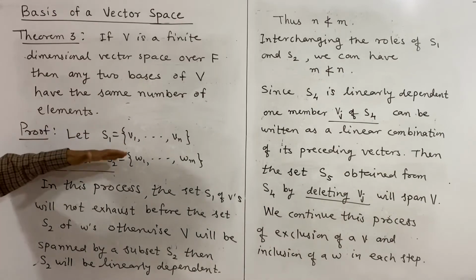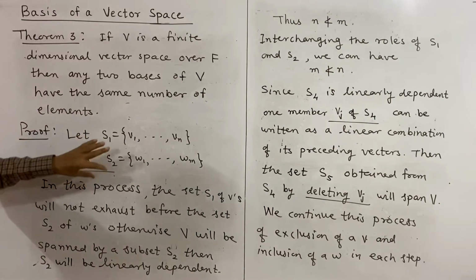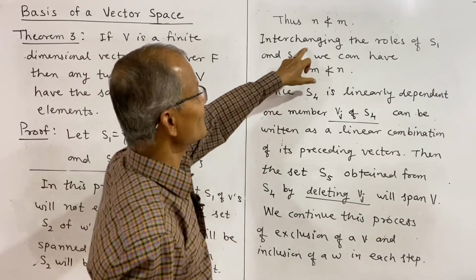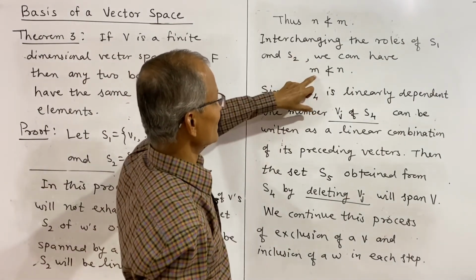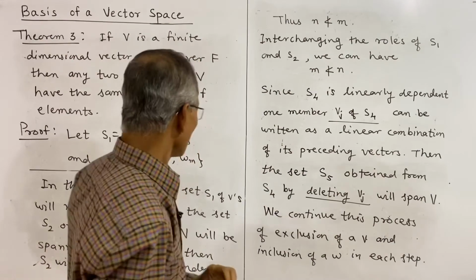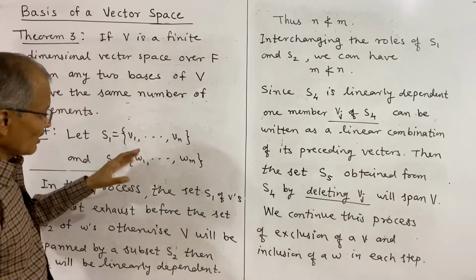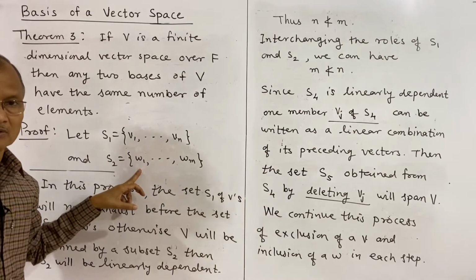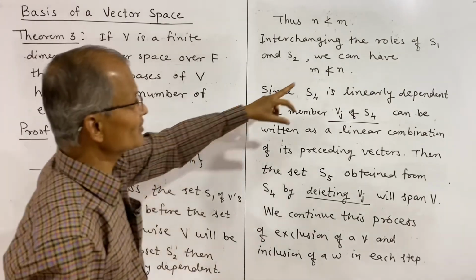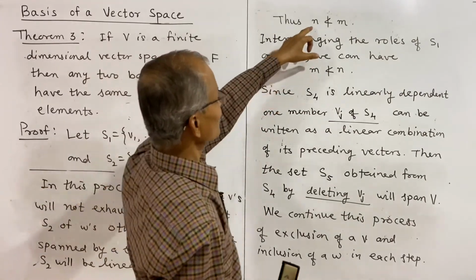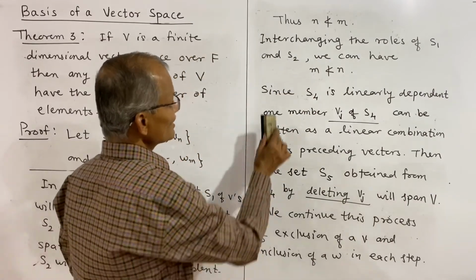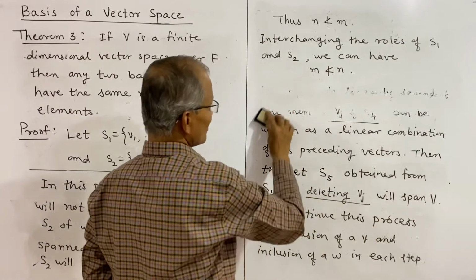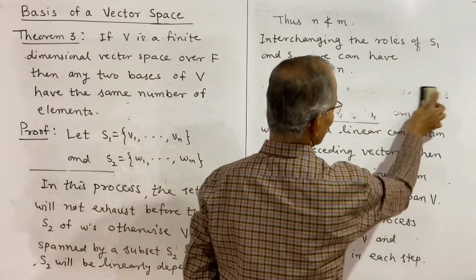So it is just a convention, we have taken S1 and S2, we can interchange them. So M and N can be interchanged, and similarly we can get the second result, that M is not less than N. In that case we have to write W's here and replace W's by V's. What both together imply is N is not less than M and M is also not less than N, which means they must be equal.